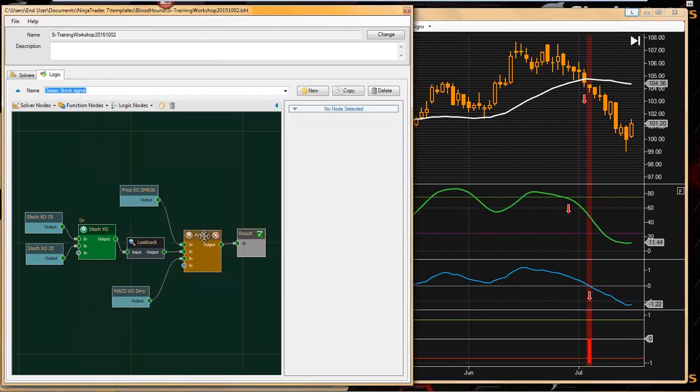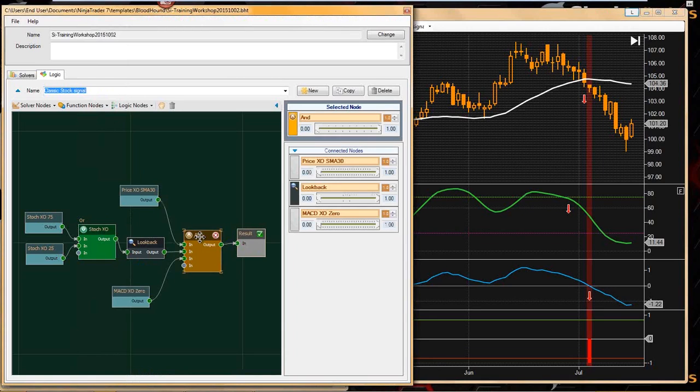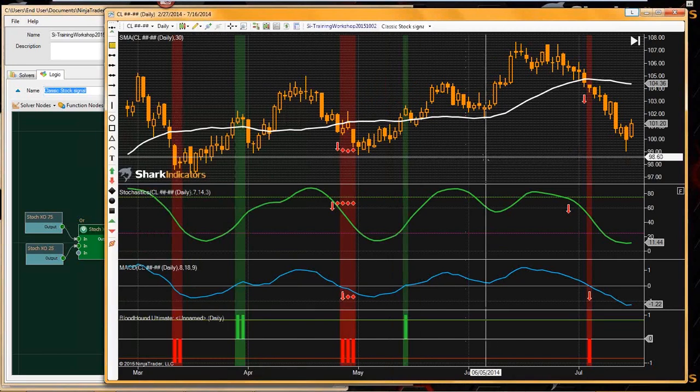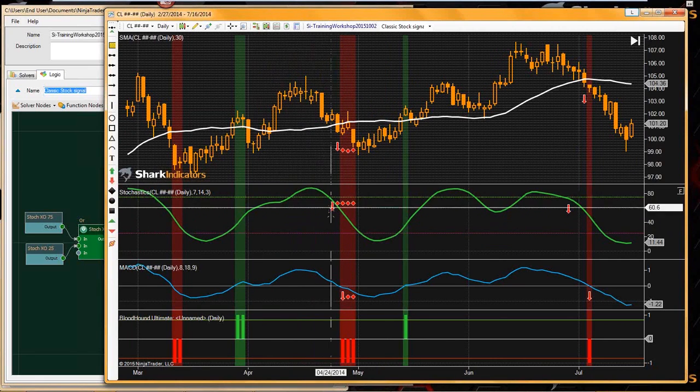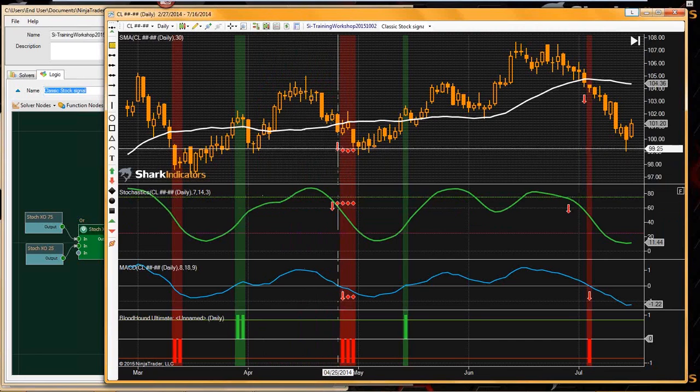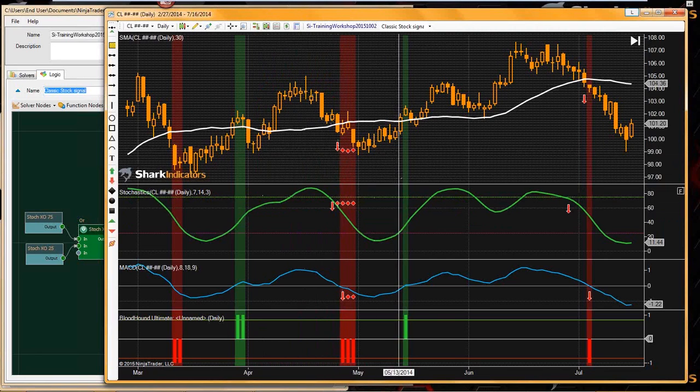So let me expand upon the AND node here. The AND node requires a signal to be coming into the AND node all on the same bar in order to get an output. In order to get a signal out of the AND node, you need a signal on the same bar. So that's why there's no signals in between.